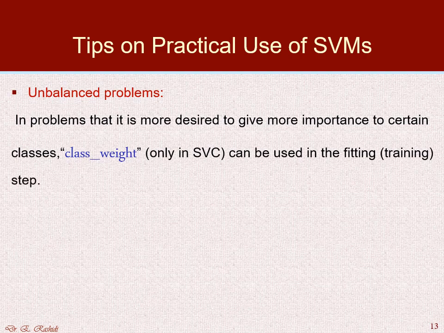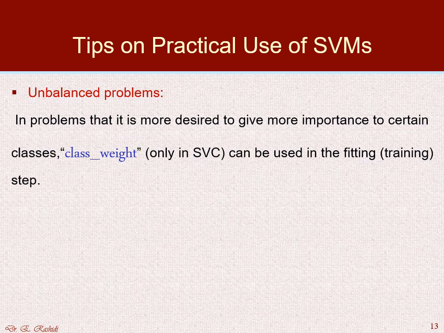In problems where it is desired to give more importance or emphasis to certain classes, you can do that by using the class underscore weight, which is only available in SVC, during the training or fitting process. So this parameter lets you assign different weights on different classes.